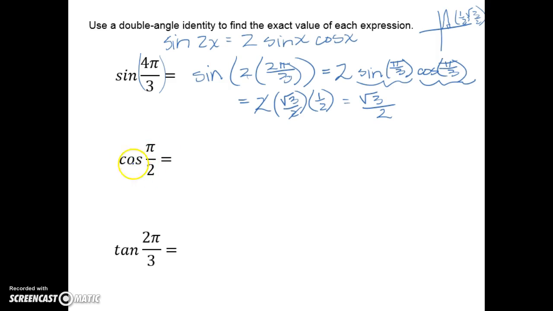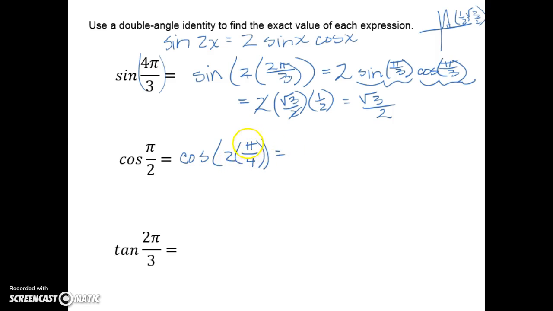We're going to do the same thing here using the double angle for cosine. So if I factor a 2 out of pi over 2, what I need to have left when I multiply that back in is pi over 4.